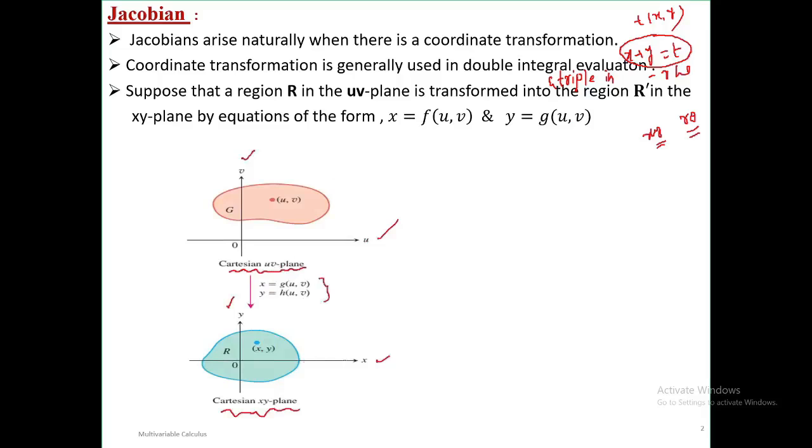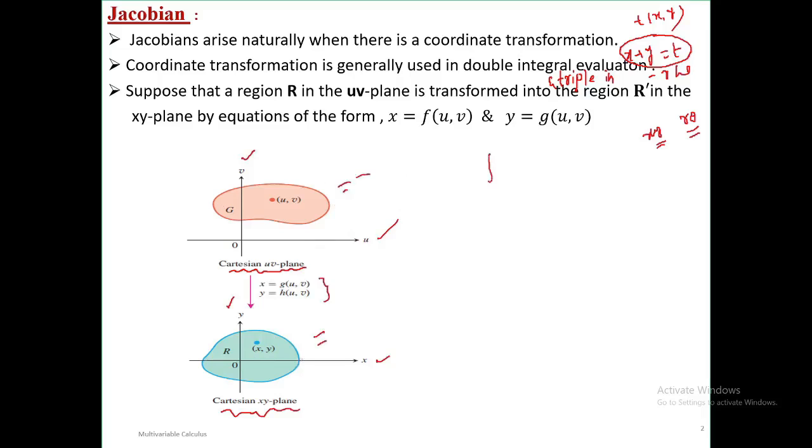Now we are going to evaluate the same integral here instead of evaluating it there. Why are we transforming? Because of the difficulty of the integral. If the integral is very difficult, then we can make a substitution. Instead of evaluating in this region, we evaluate in this region, because everything changes. These are the regions of integration.